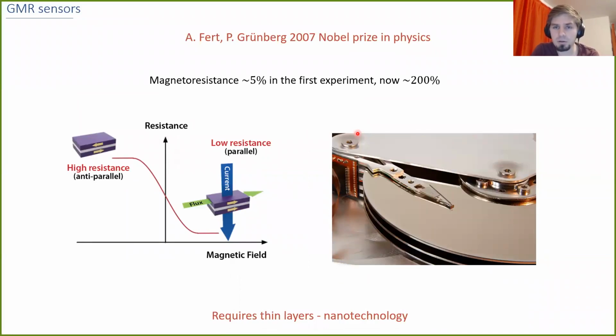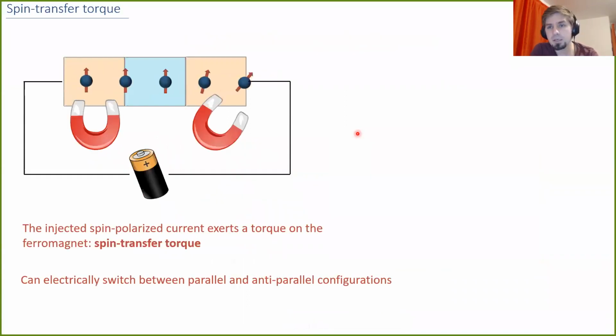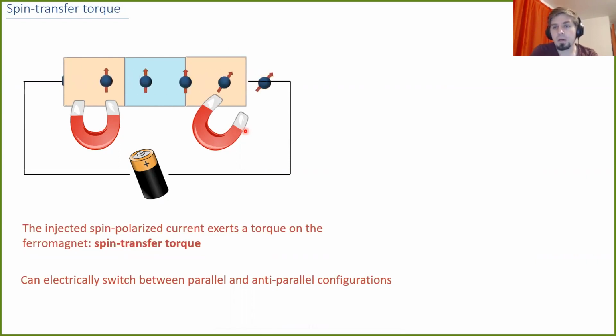It's a very useful technology. But there is another effect, which is the spin transfer torque. When we have the two magnetic layers magnetized along non-parallel directions, the spin-polarized current has to reorient as it enters the second magnetic layer. When it reorients, that means there is a torque on the spin current, but that means also there must be an opposite torque, which the spin current exerts on the magnetization.